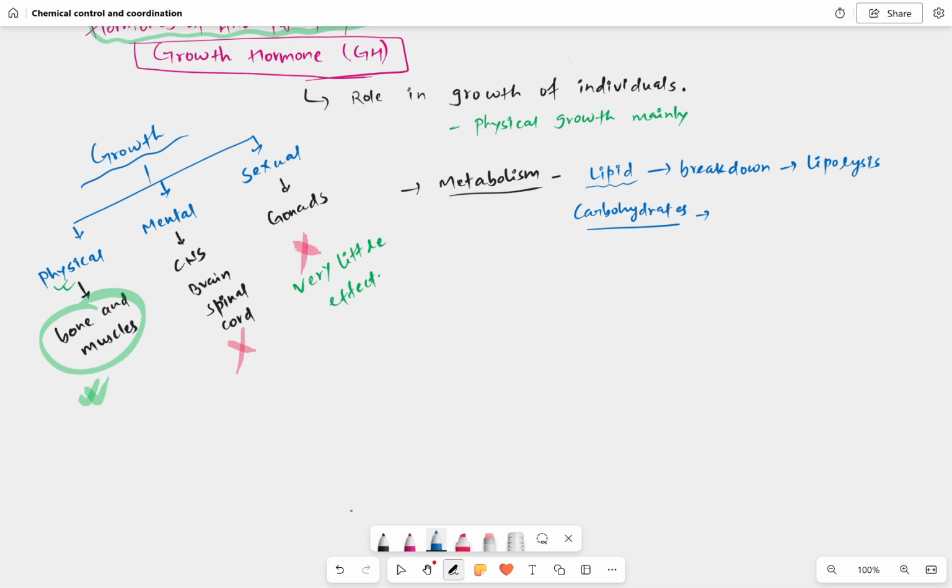Since lipid is actively involved in lipolysis, energy production and biomass production, carbohydrate is not actively involved, so it shows reduced consumption.